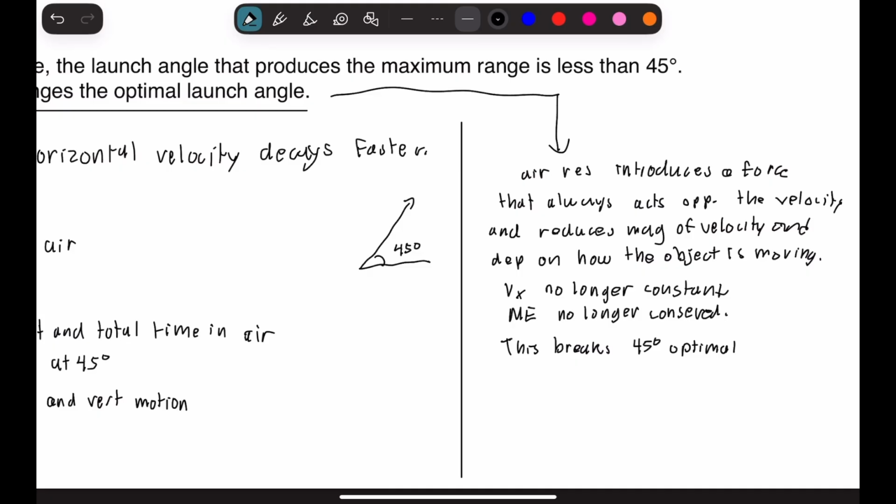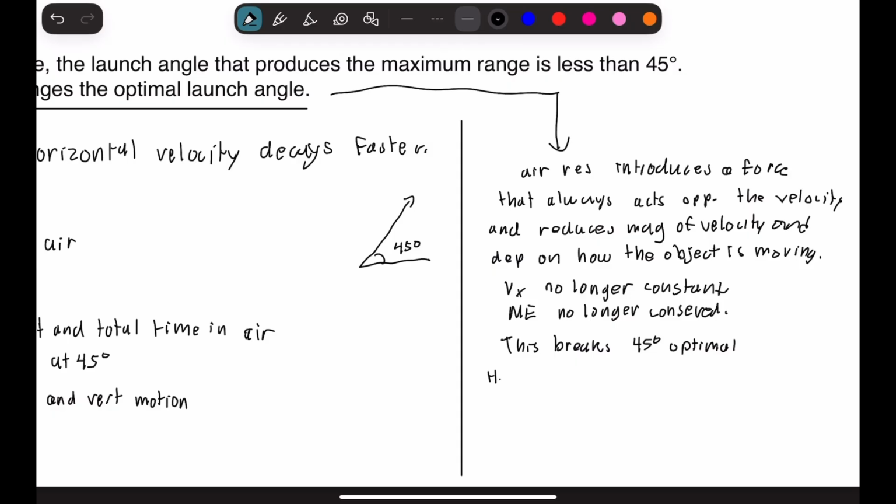Now, if we focus on the horizontal motion, we know that our range is going to be equal to the integral under Vx(t) dt. And we know that with air resistance, Vx will continuously decrease.